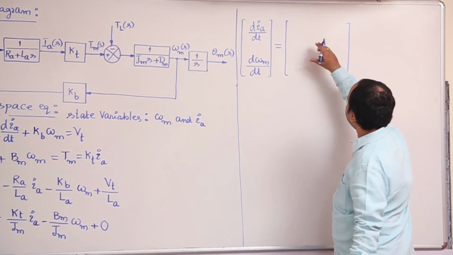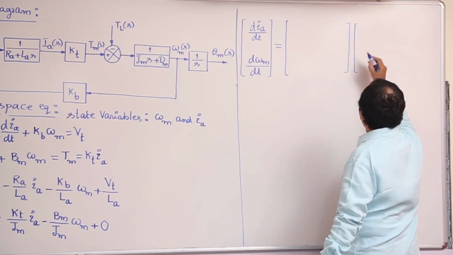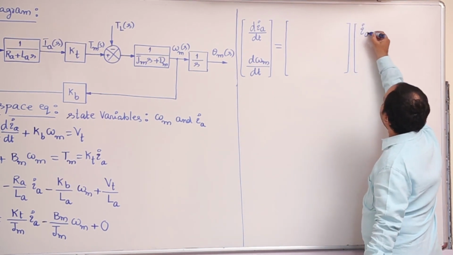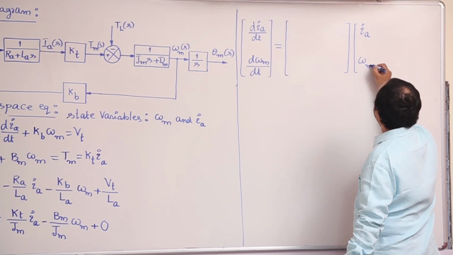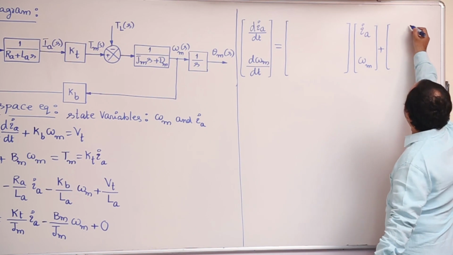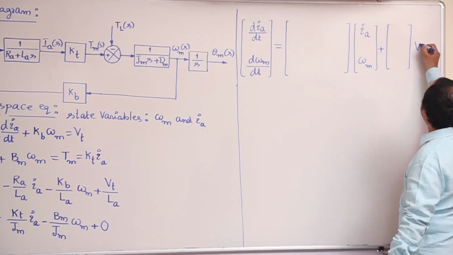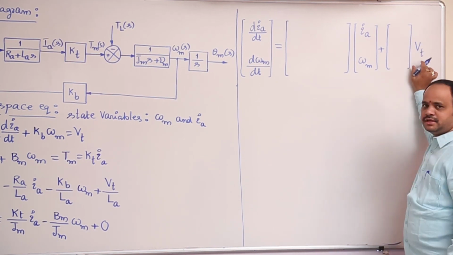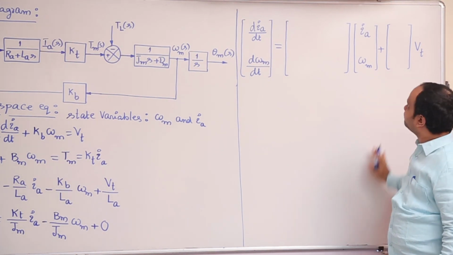We'll see the elements. The state vector is ia and omega m, plus the input vector multiplied with the input signal, that is Vt.